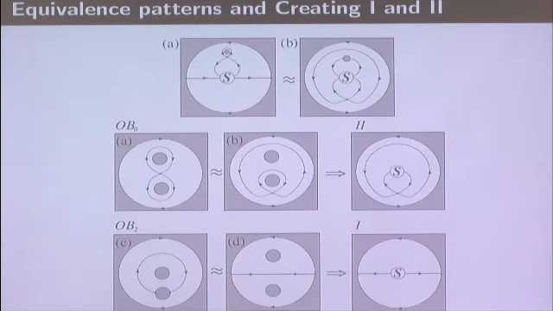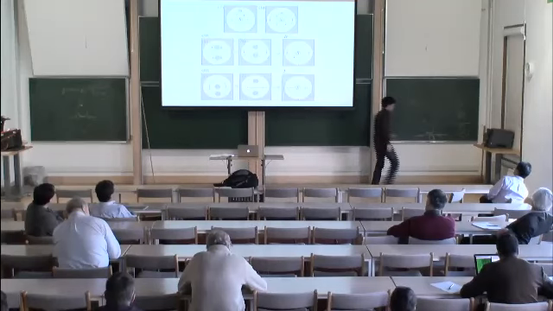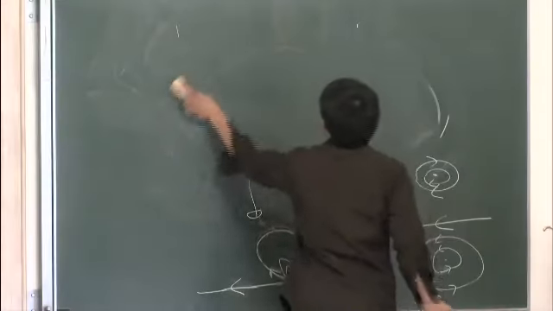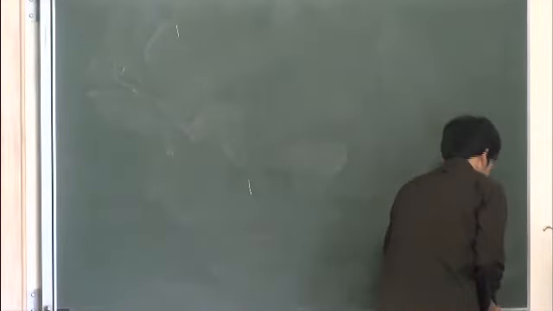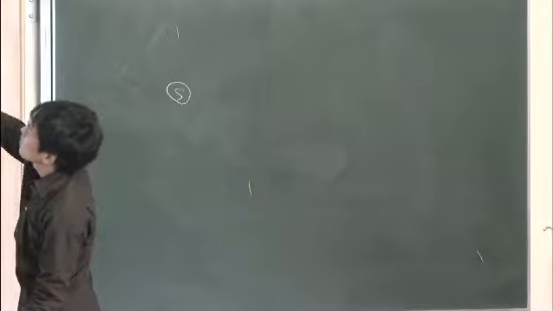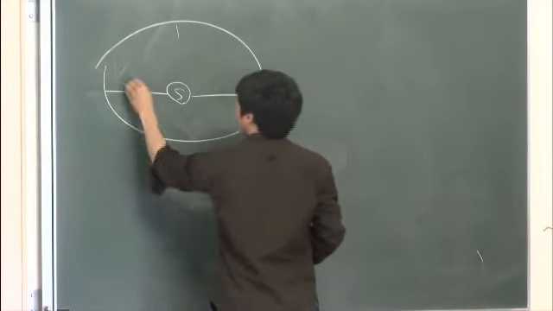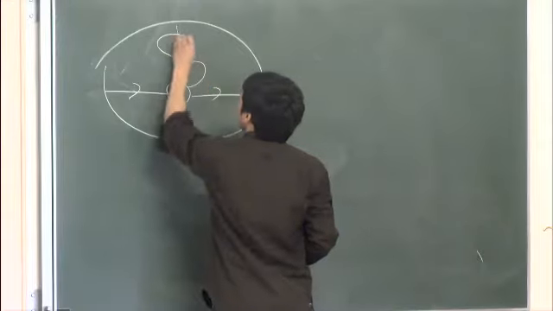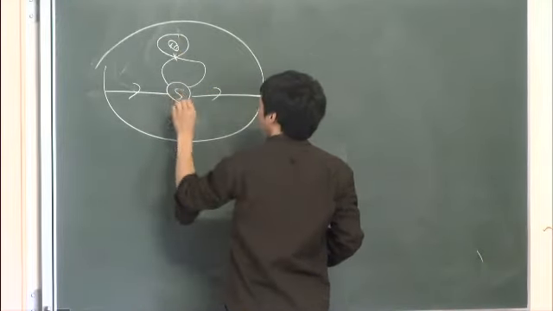Now I just explain. S is one source, and there is one saddle.